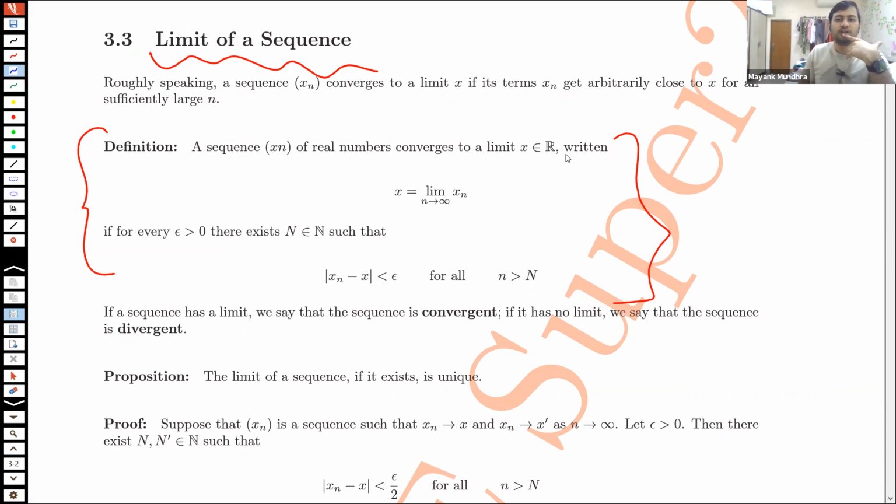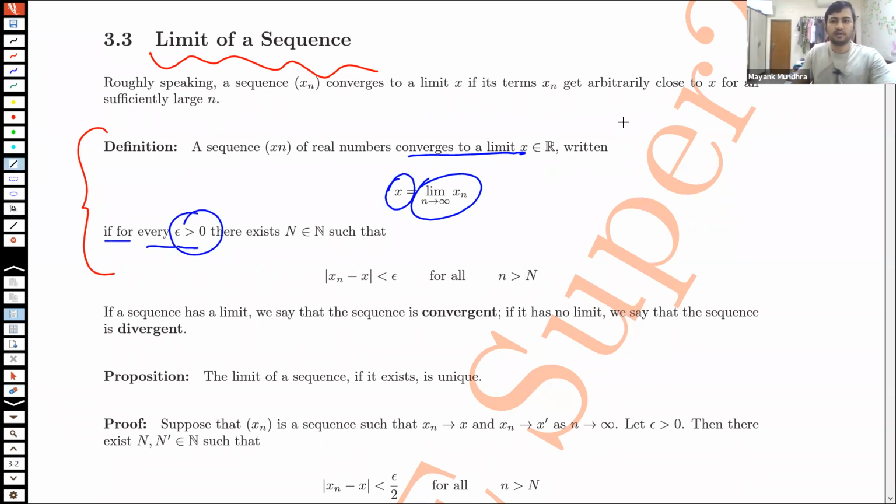So a sequence converges to a limit x. This is written as limit n tending to infinity of xn is equal to this number x if for every epsilon greater than 0. Okay, so let me draw a figure here that would be easy. Let's say this is n equals 1, 2, 3, 4, 5, 6.